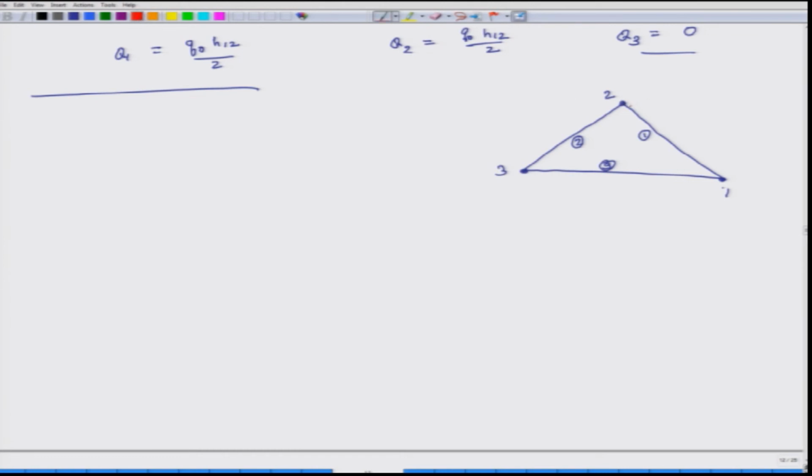So, here the value of Q is, let us say, Q1, and here the value of Q I will call it Q3.